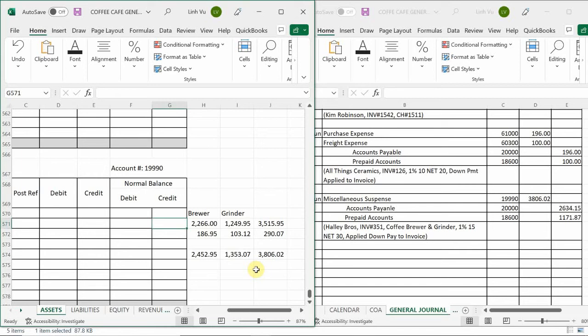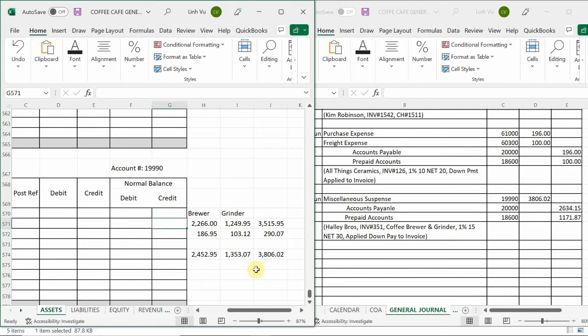So in this case, my coffee brewer cost me $2,452.95, while the coffee grinder is $1,353.07. Okay, so let me go make sure I put this in here.